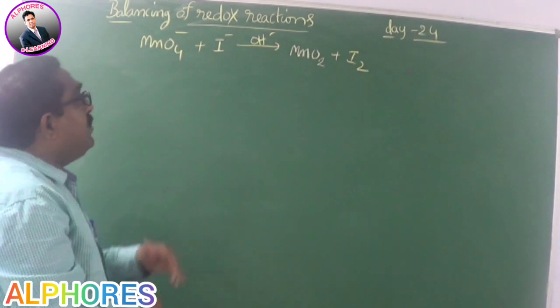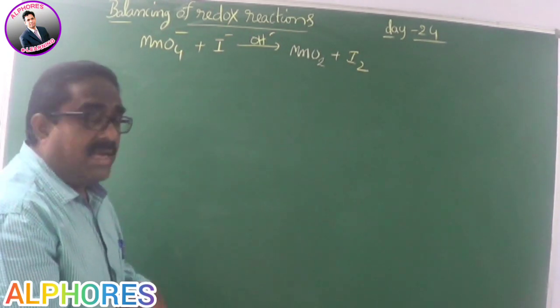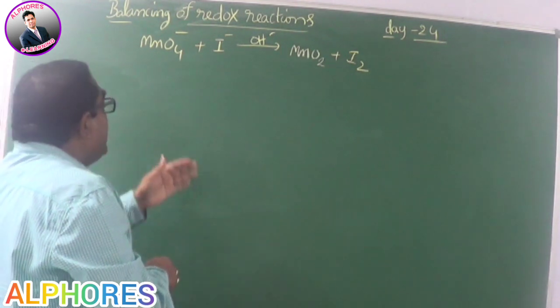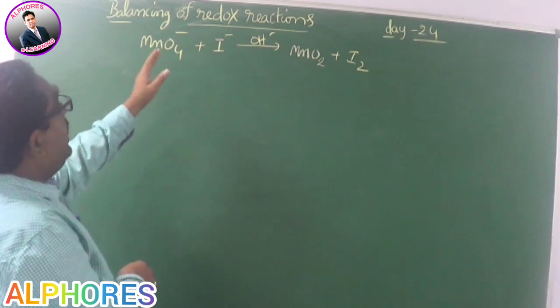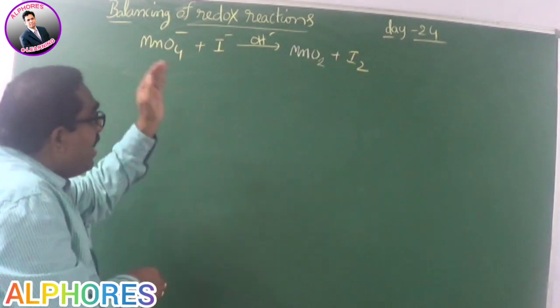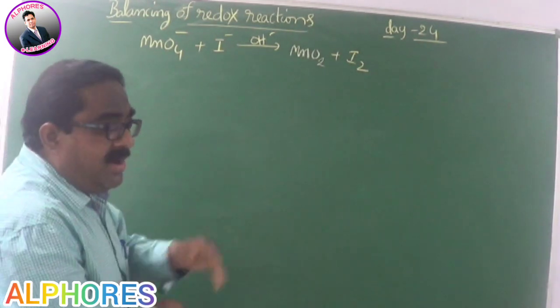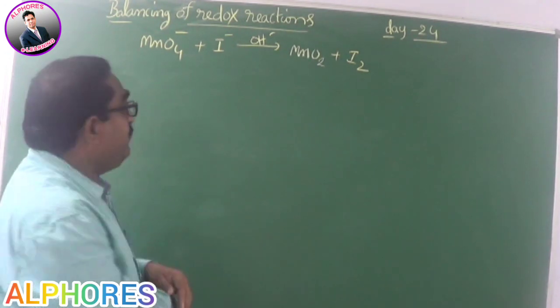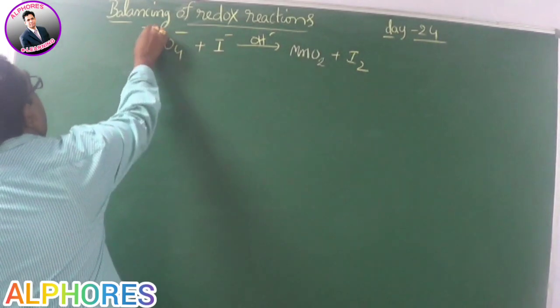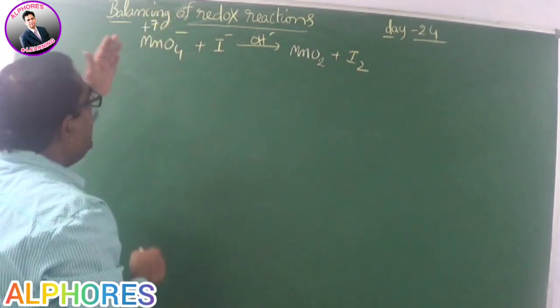Same method I am using, students, the ion-electron method, just like what we did in yesterday's balancing of redox reactions. Here we have to fix the oxidation number of elements for which it has changed. First we have to identify them. As usual, I am writing permanganate plus 7. We did the calculation yesterday.